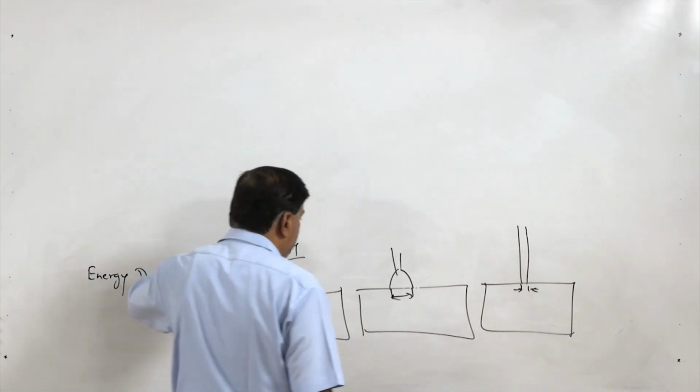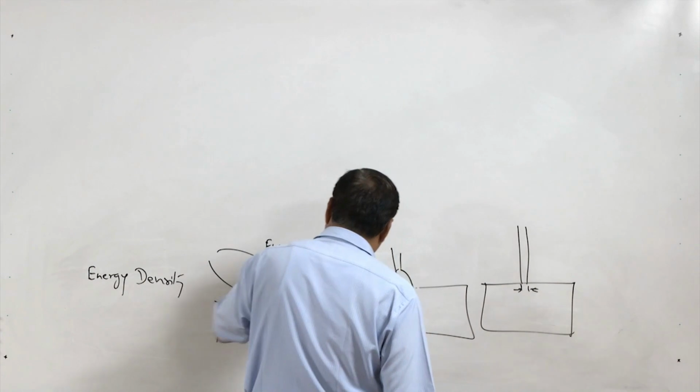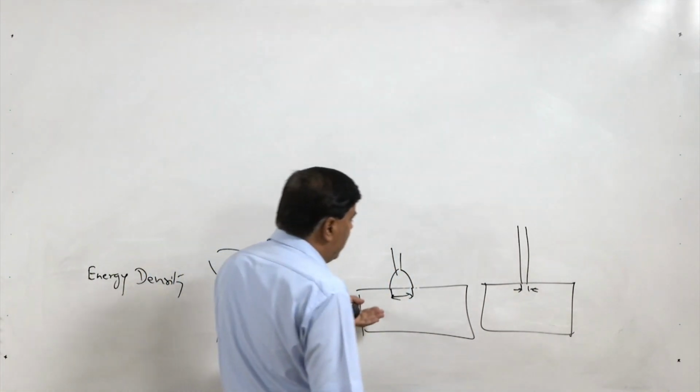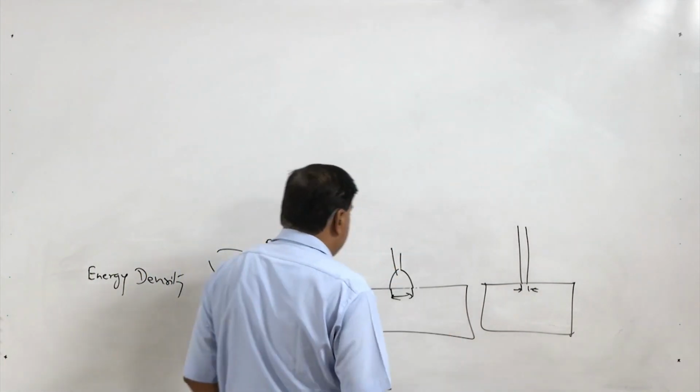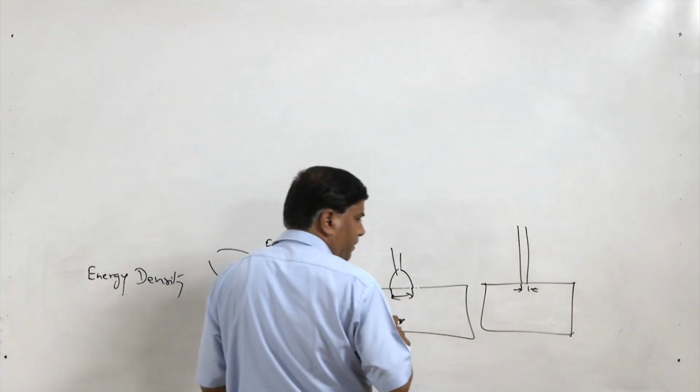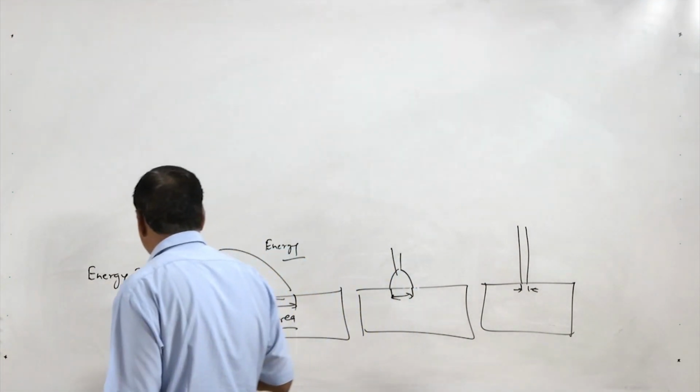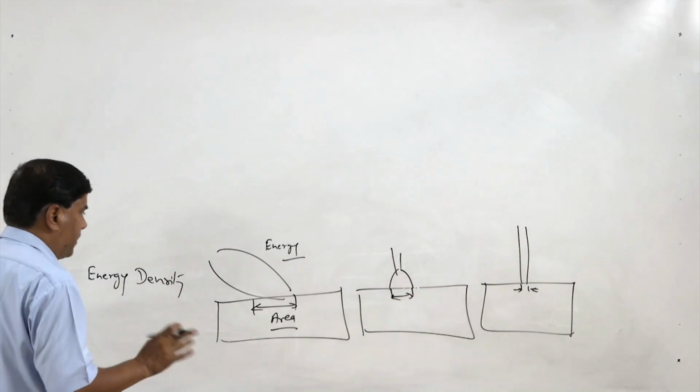So more energy applied over a smaller area results in different energy densities associated with the different processes.